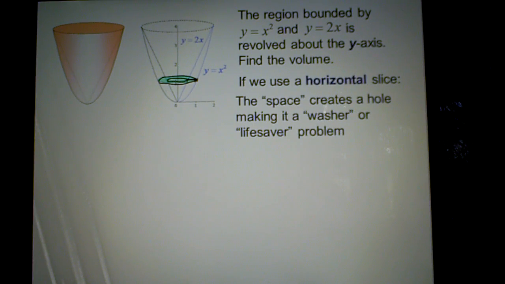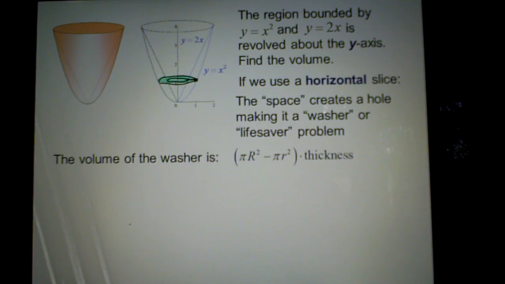And here's the hole right here. So area is right here. Area times thickness or height means I have volume.